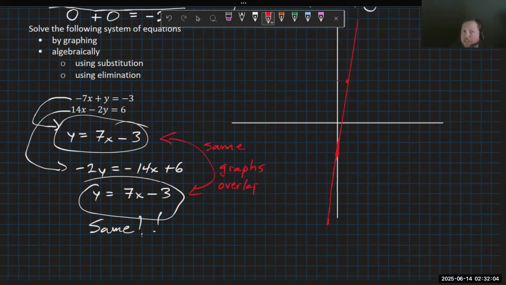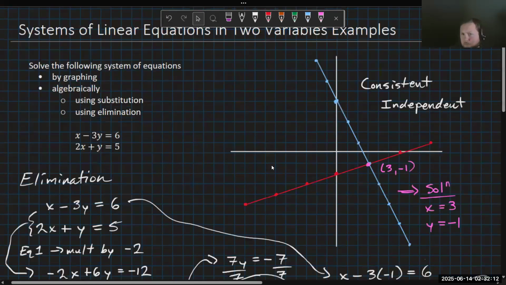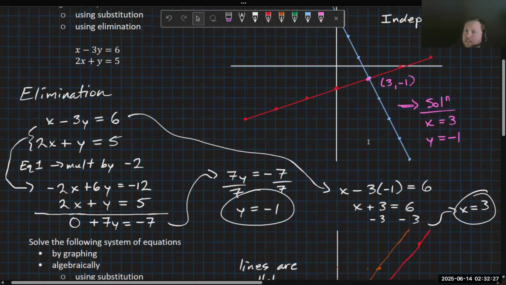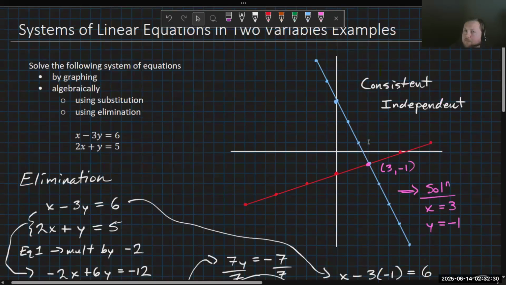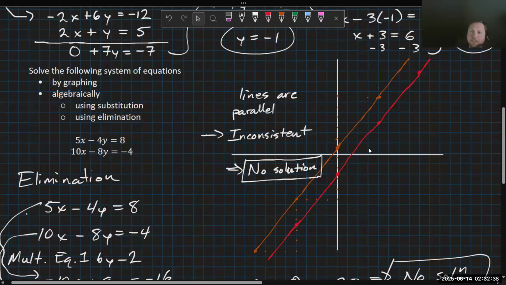If you think back to that first example where we had one solution, it was consistent, and that's all nice and easy. That's the one that we like to deal with because we don't have to think about more complicated stuff. We get one answer. The second one we looked at, we ended up with two parallel lines.